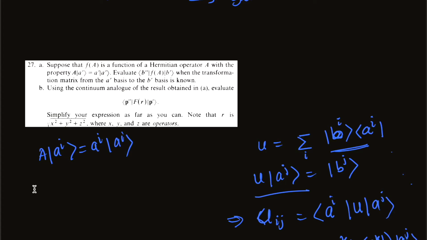Now let us check, and another thing is, suppose a_i is an eigenket, that means the function f(A) operating on a_i will give f(a_i)|a_i⟩.